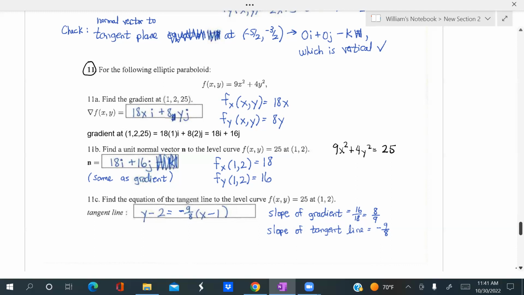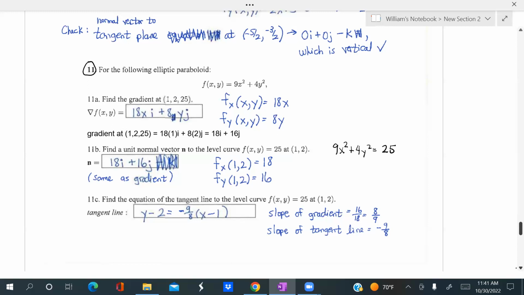So if you graph this curve in the xy plane, that's the level curve at this particular point. Remember, that corresponds to taking a horizontal plane, slicing it through the surface at z equals 25, and looking at what that cross section looks like, right? And it's going to look like this curve, which happens to be an ellipse, by the way.